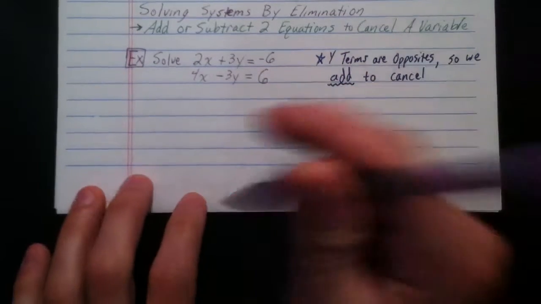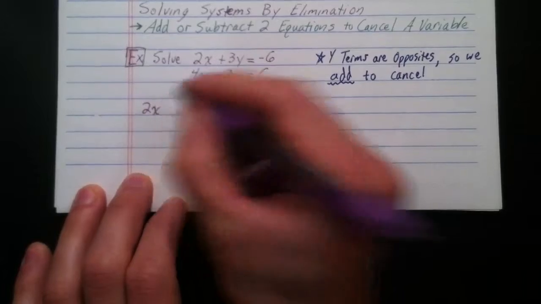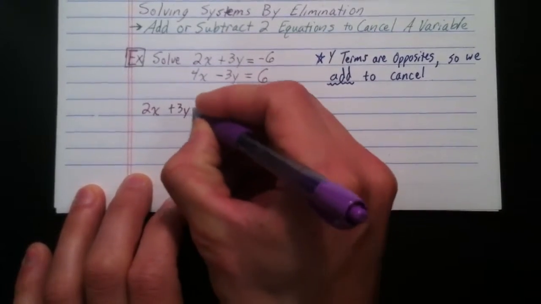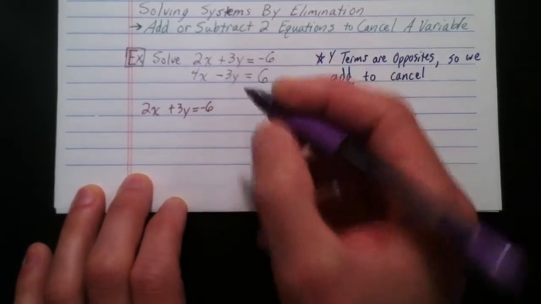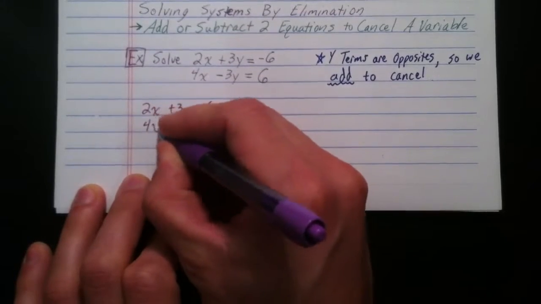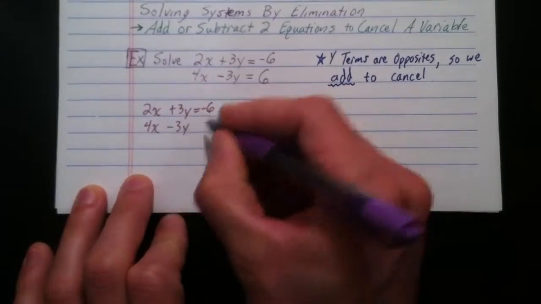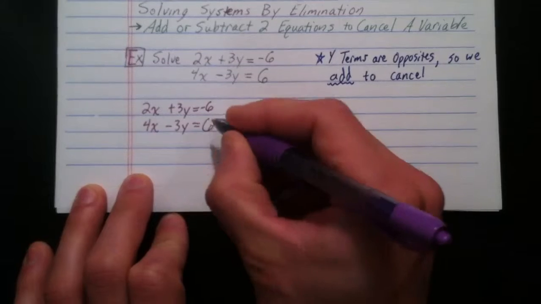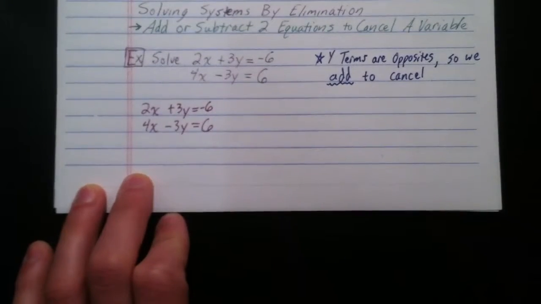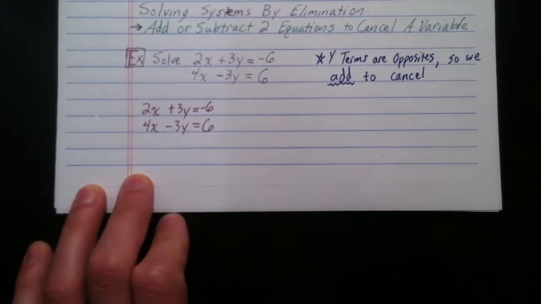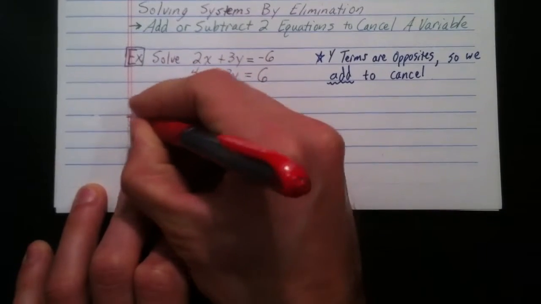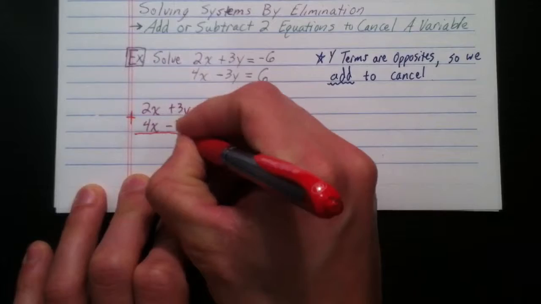So I'm going to rewrite the equations over here. 2x plus 3y equals negative 6. 4x minus 3y equals 6. And again, we are adding these two equations in order to cancel the y terms.